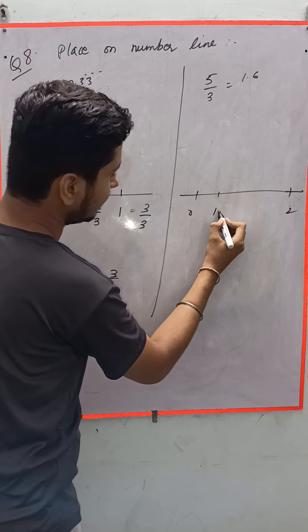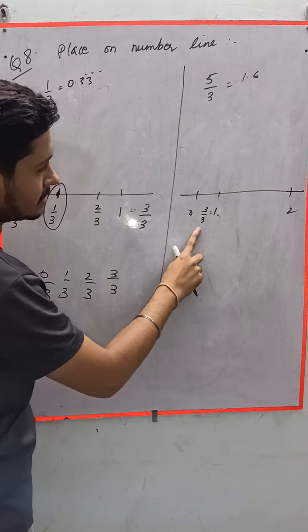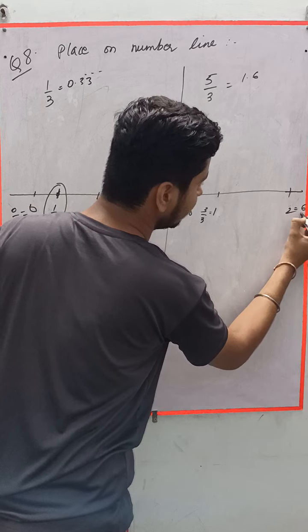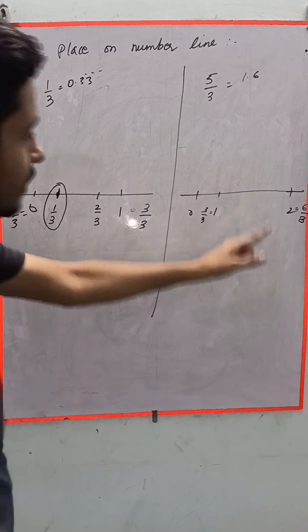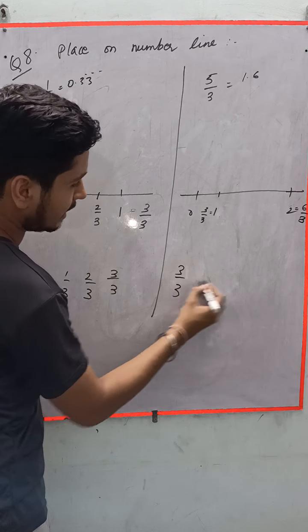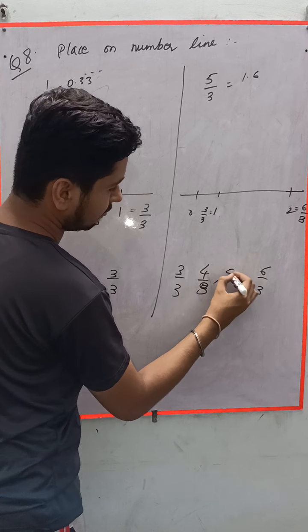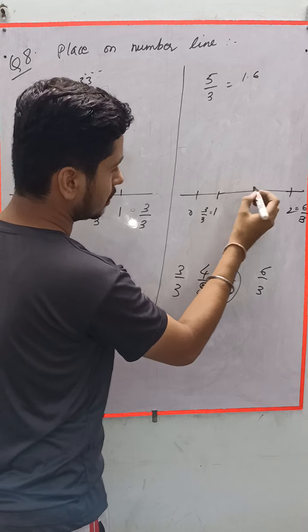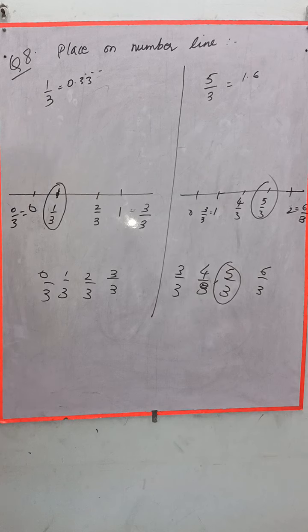Now can we write this 1 as 3/3? Because the denominator is 3, so 1 can be seen as 3/3. 2, how can we write 2? Can we write this as 6/3? So I'm writing that as 6/3. Now between 3/3 and 6/3, there come 4/3 and 5/3. So whatever is required, 4/3 and 5/3, we got.